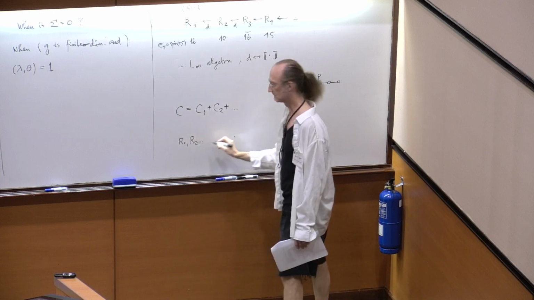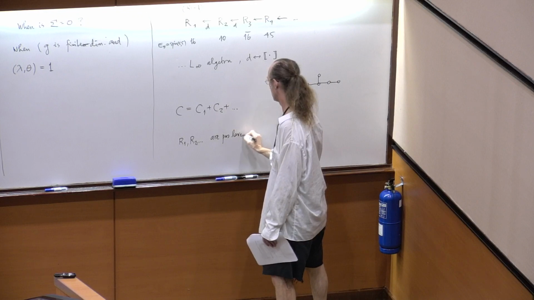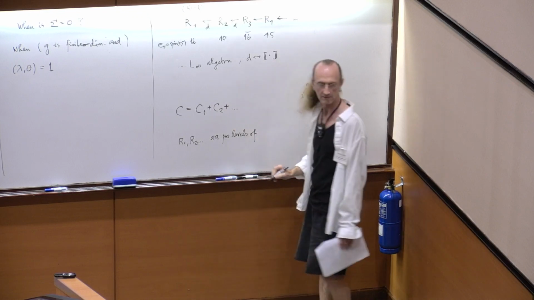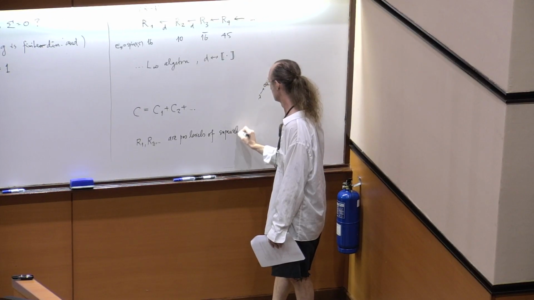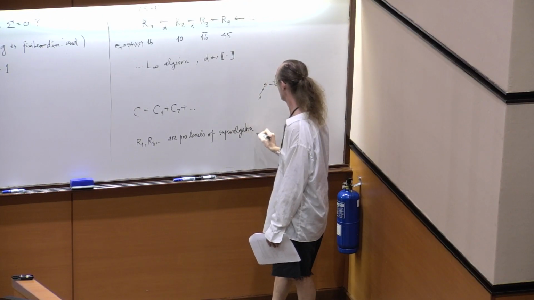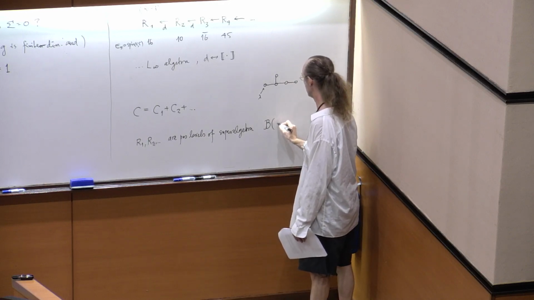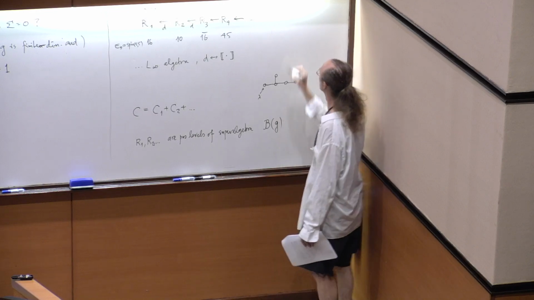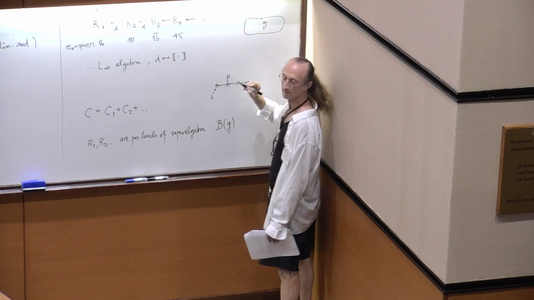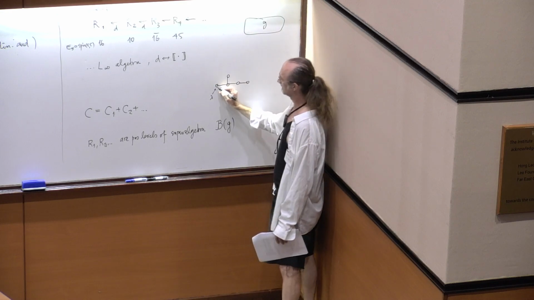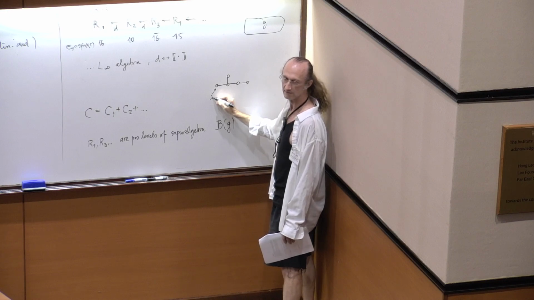It turns out that these are the positive levels of a certain superalgebra. That algebra we may call B of G. So if this is the Dynkin diagram of G, and for simplicity, let lambda be a fundamental weight.